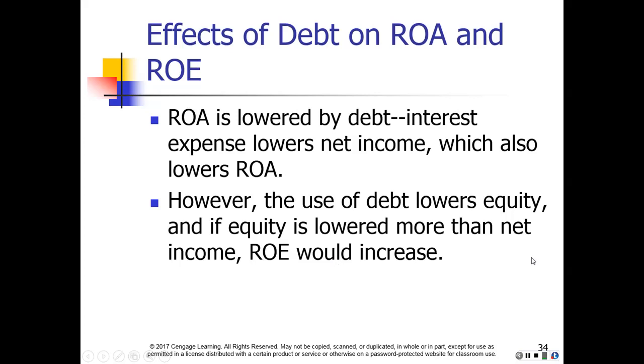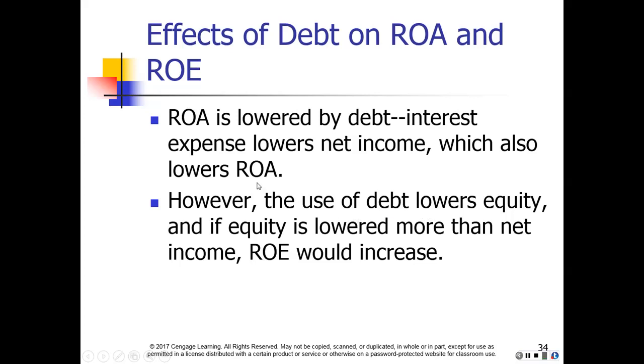So typically what happens is, for a company, up to a point they're adding debt. Let's say a company starts with zero debt, and then it starts to add debt to its capital structure. At first, if the company is profitable and has positive ROA, its ROE will be higher than ROA, and it rises more as you start adding debt.